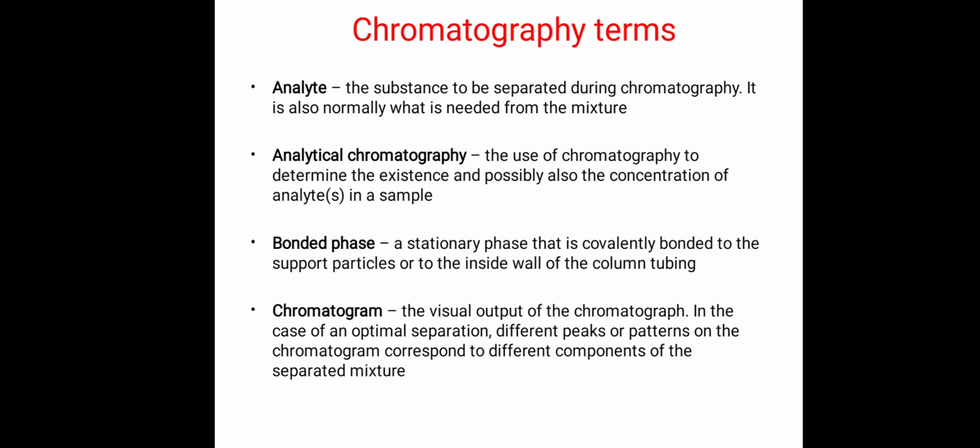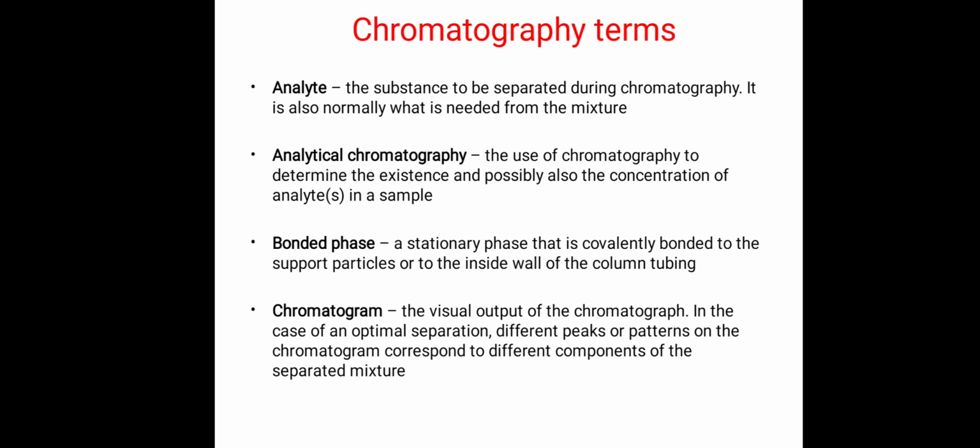Some chromatographic terms: analyte. Analyte is nothing but the substance to be separated during chromatography. It is also namely what is needed from the mixture. Next one is analytical chromatography: the use of chromatography to determine the existence and possibly also the concentration of the analytes in a sample.